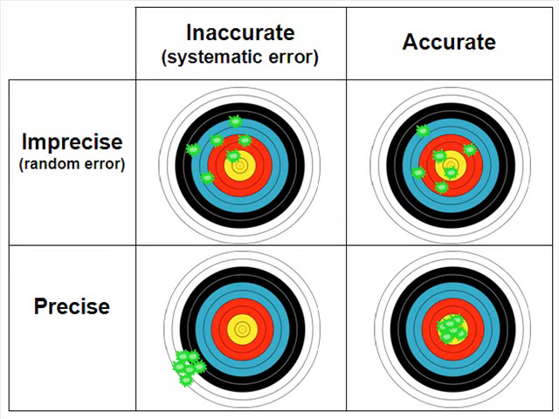If you have imprecise or random errors, and you have systematic errors, you get what we refer to as an inaccurate, imprecise result. You'll notice that the green shots are all in the upper left-hand side.